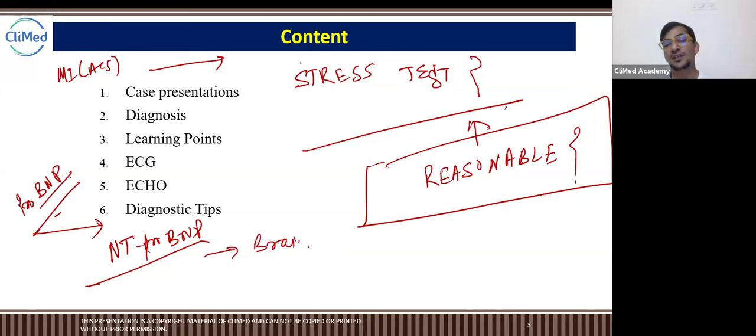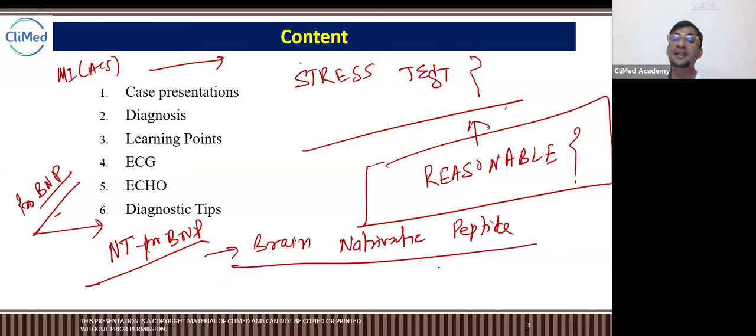BNP is brain natriuretic peptide, and this is the biomarker for heart failure, not heart attack, right, guys?